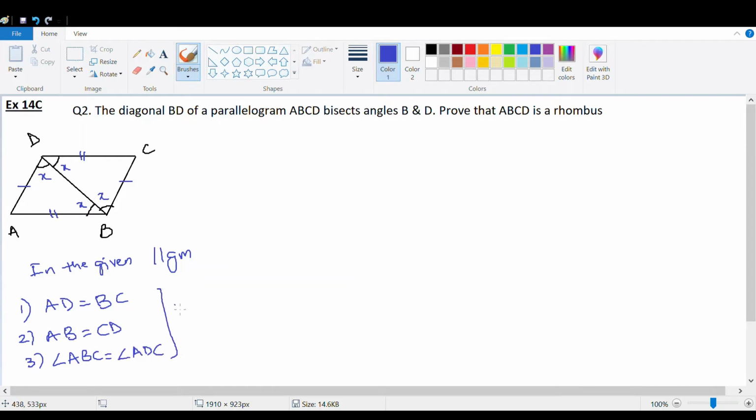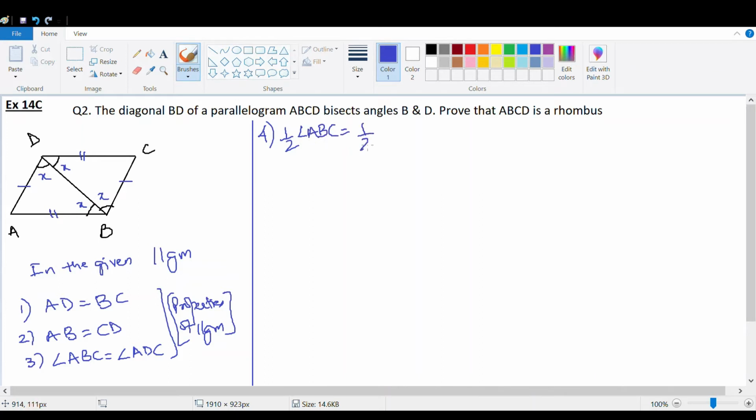This is a property of parallelogram, which is vertex angles are equal. In this case, D and B are equal, and similarly the opposite sides of a parallelogram are equal. So number 4 would be half of angle ABC will be equal to half of angle ADC, right?